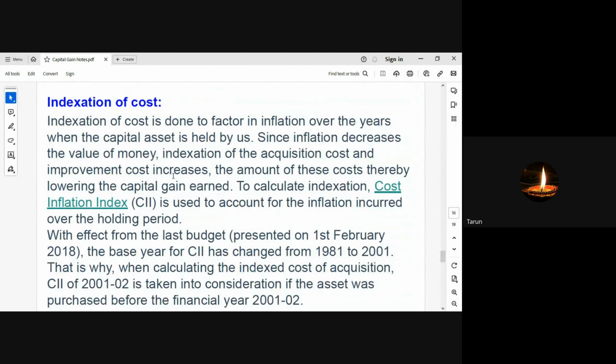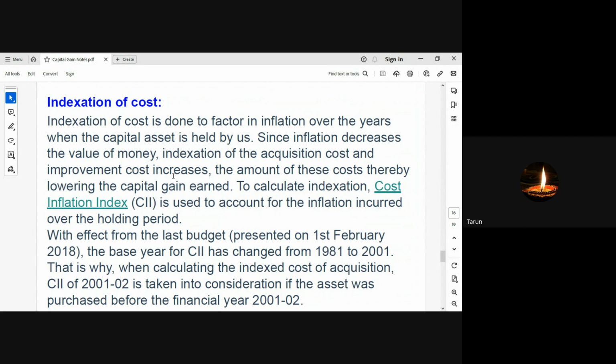Indexation of cost is done to account for the factors faced due to inflation over the years. If you are willing to sell your property during an inflation period, that value is called the indexed cost.